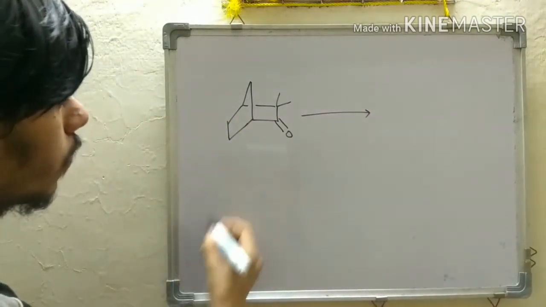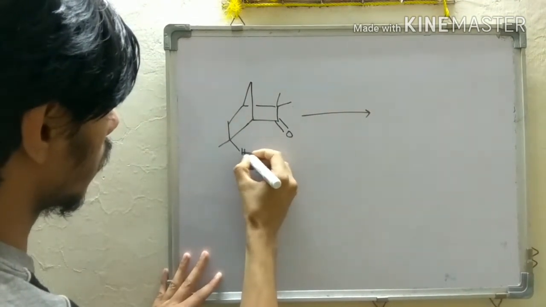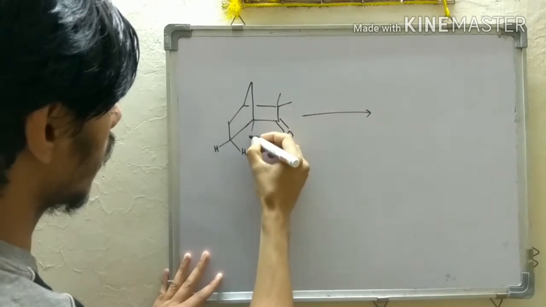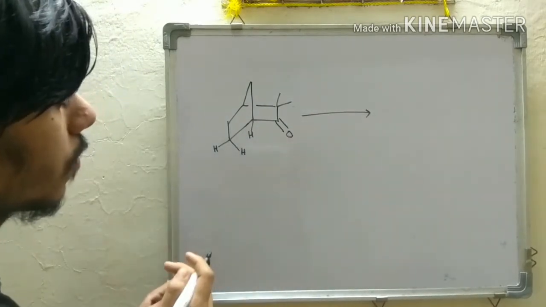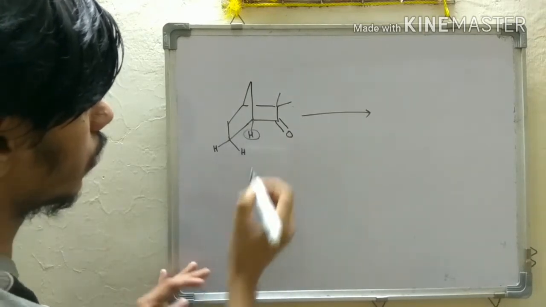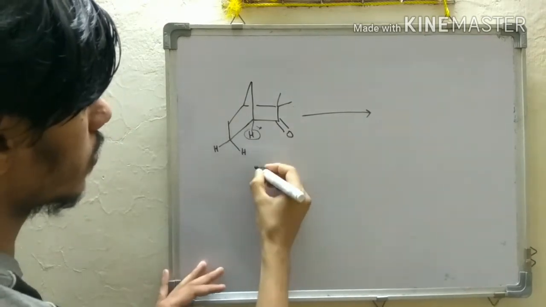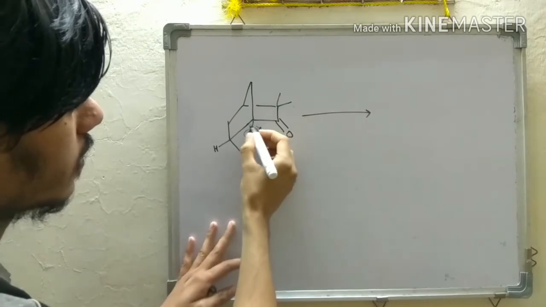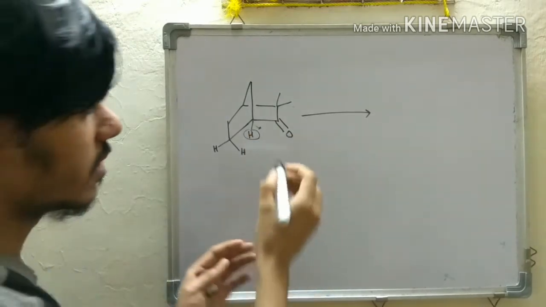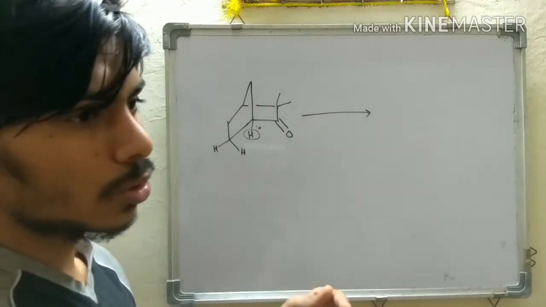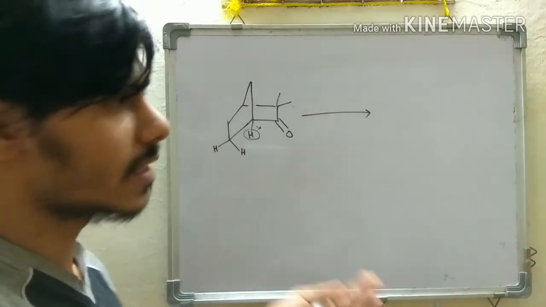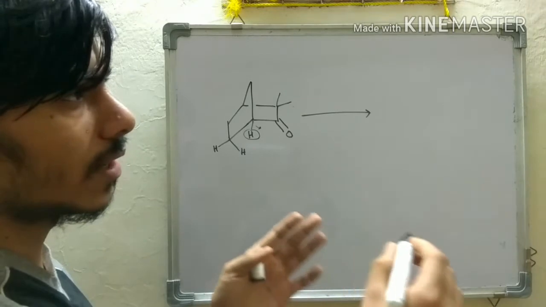Now this is a CH2 group, and here you have another hydrogen. If you compare the acidity of the molecule, first of all, this hydrogen will not be acidic. Why? Because although it is adjacent to the carbonyl group, the carbonyl group stabilizes adjacent anions through resonance, right?